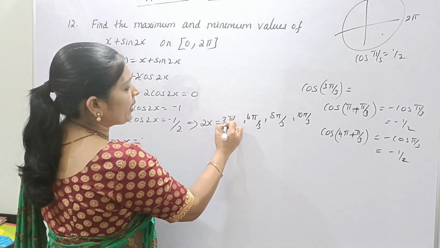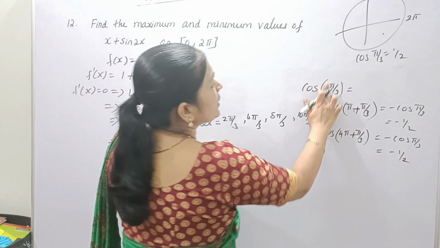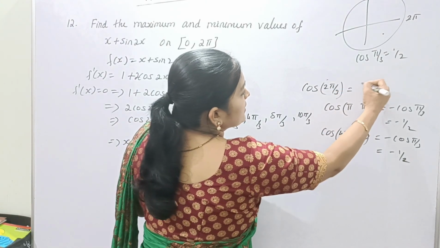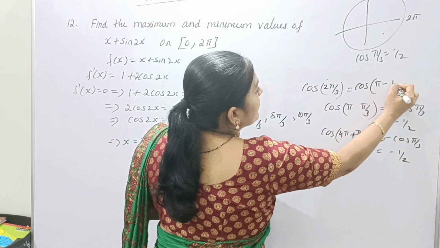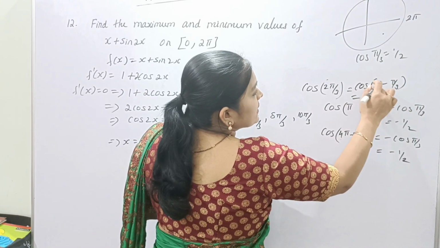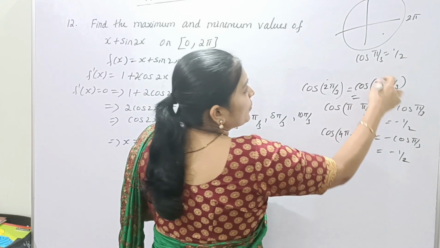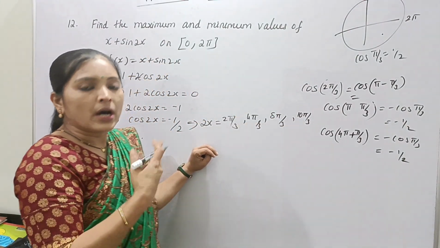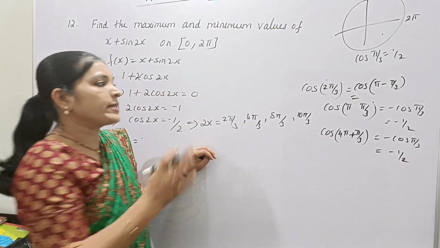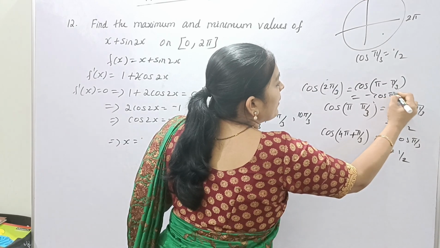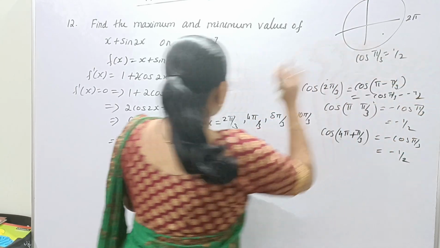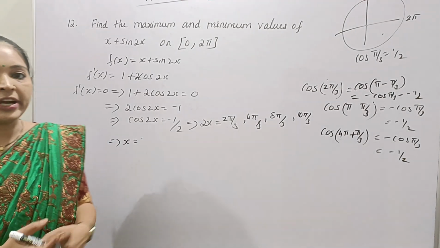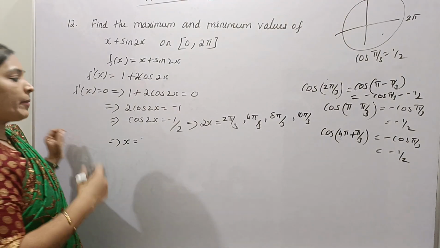So what about 2 pi by 3? 2 pi by 3 is cos pi minus pi by 3, that is 3 pi minus pi. Okay, so cos of pi minus pi by 3 lies in the second quadrant. In the second quadrant, cos is negative, so it will be minus cos pi by 3, that is minus 1 by 2. Okay, so 2 pi by 3, not 3 pi by 3. 3 pi by 3 is nothing but pi itself, right? Cos pi is minus 1. Okay, not minus 1 by 2.